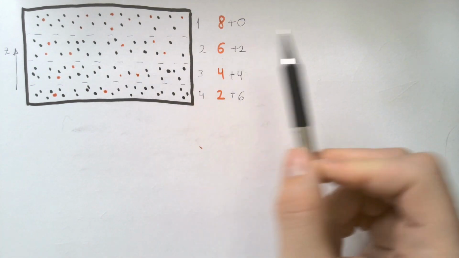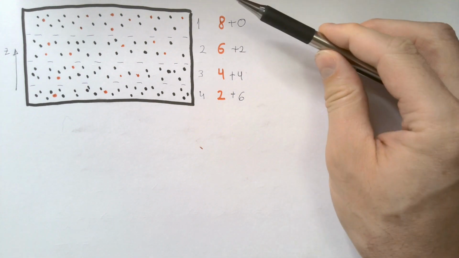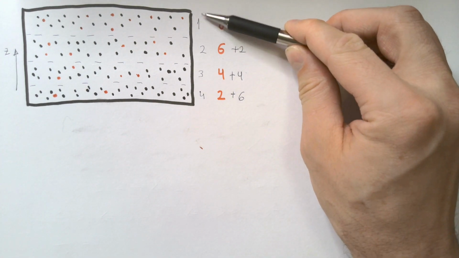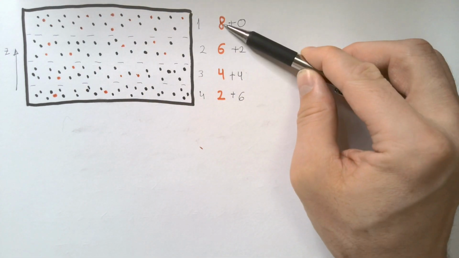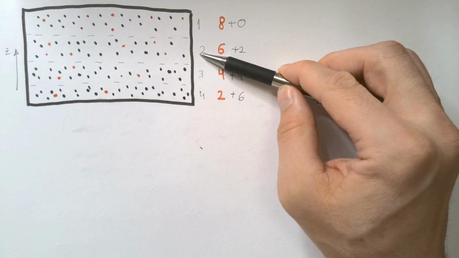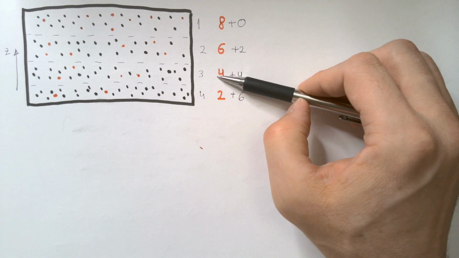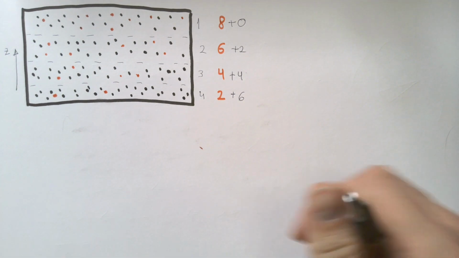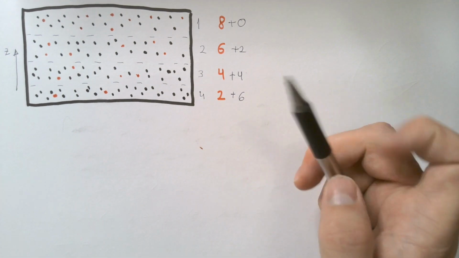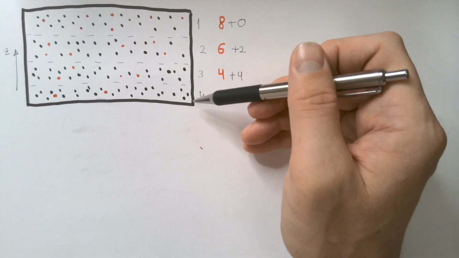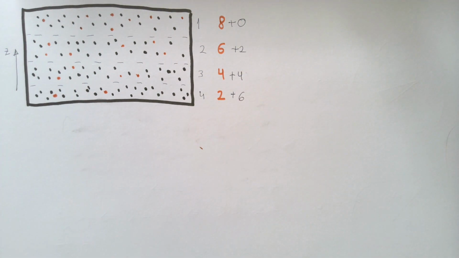Each layer has the same number of particles, but layer 1 has more tracer particles, namely red particles, than layer 2, which in turn has more of these particles than layer 3, and then that one has more than layer 4. So we created a gradient of tracer particles.